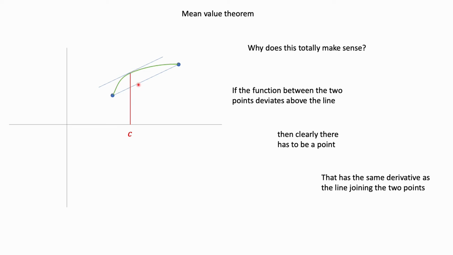And what if the function went below the straight line? Graphically again, you'll always find a point where the slope is the same as the slope of this line. Now, I'm not doing a proof here. I'm just saying that it's very logical. It's not something unusual or something that doesn't make sense.